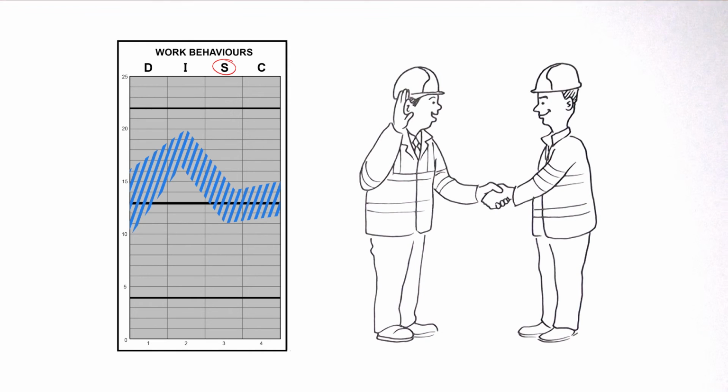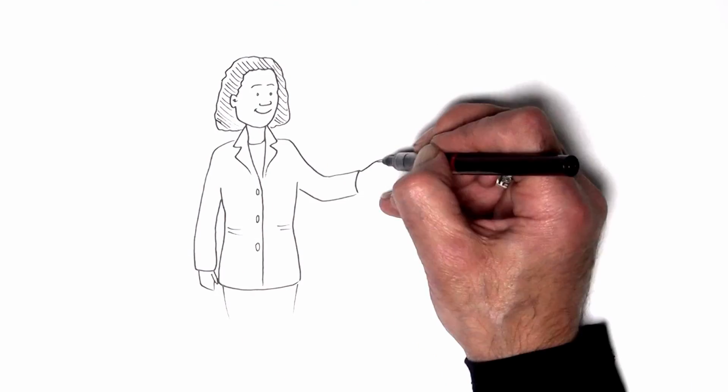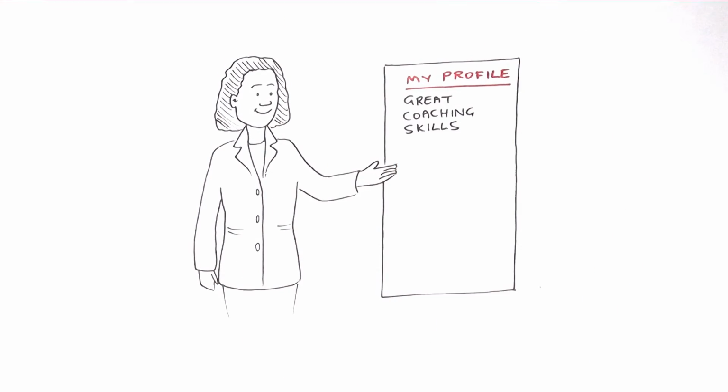And then finally, a neutral C, so they're neither biased towards the rules or biased away from the rules. So fundamentally, it's about working with people, listening to people, and working in lots of different environments. So the profile of a coach is a great tool for selecting people that have great coaching skills.